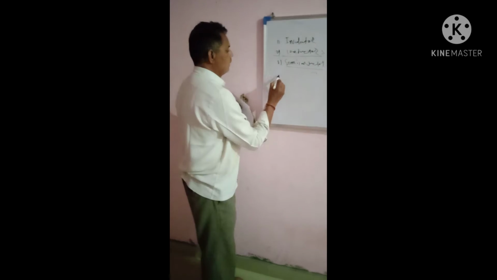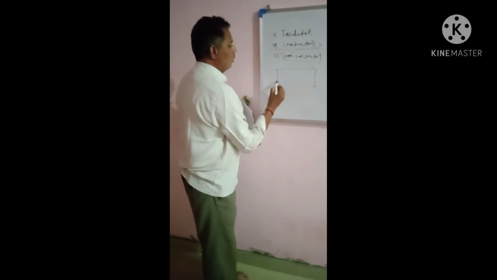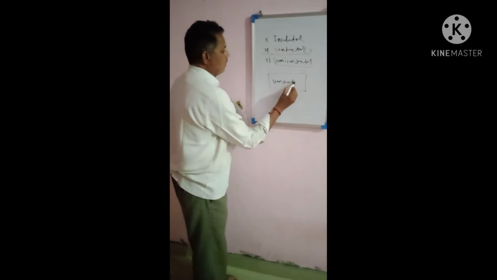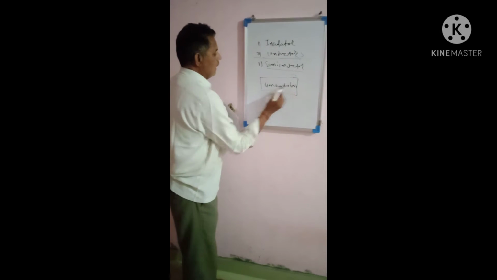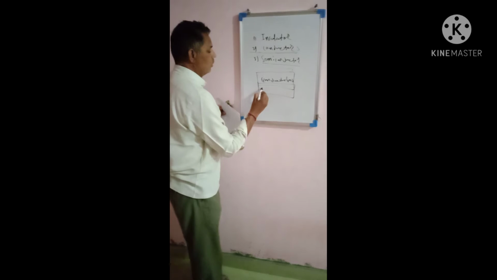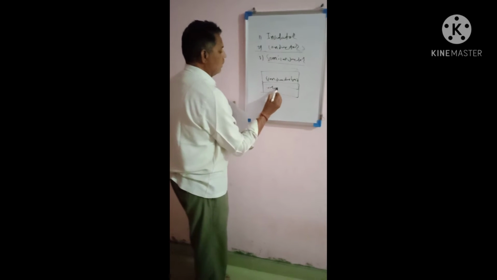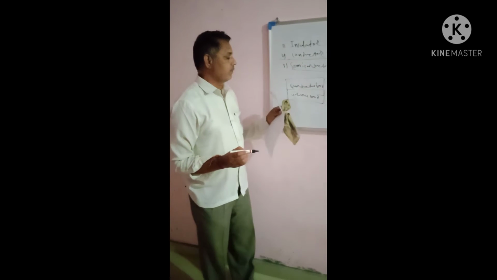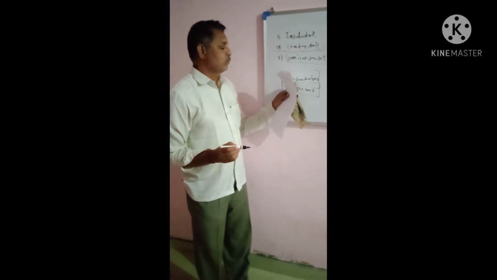Now, in case of conductors, the conduction band and valence band overlap each other. Therefore, a large number of free electrons are available in the conduction band, and therefore it is possible for electricity to flow.